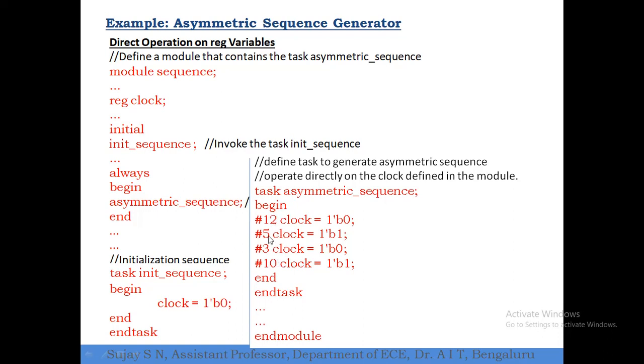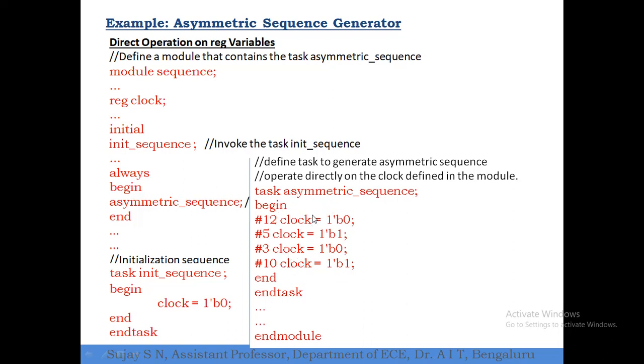After 12, 5, 3, 10 time units there is no symmetric change in the clock. We have given different time units to change the clock from 0 to 1, then 1 to 0, and 0 to 1. These are the asymmetric values we have given within the task, and that task is called within the always block.